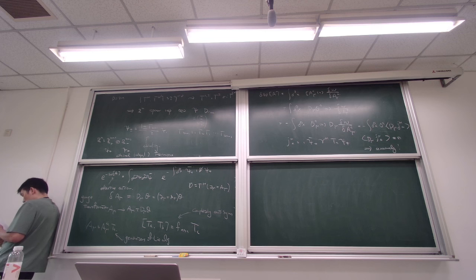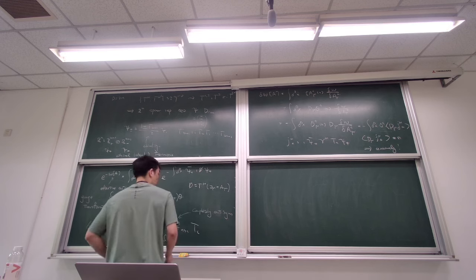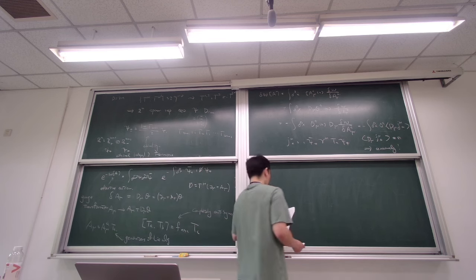I may be wrong, just a moment. Yes, so I take that this is antisymmetric, so we can take such a basis for T^a.